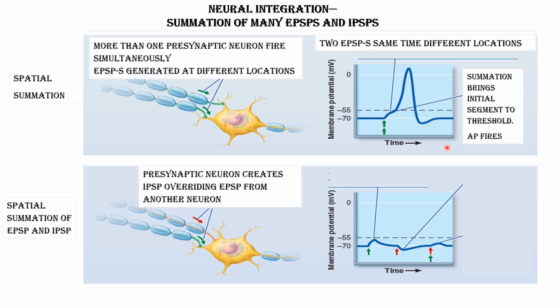However, what happens if there are two presynaptic neurons, one brings in an EPSP and the other brings in an IPSP? That is, the presynaptic neuron creates an IPSP overriding the EPSP from another neuron.